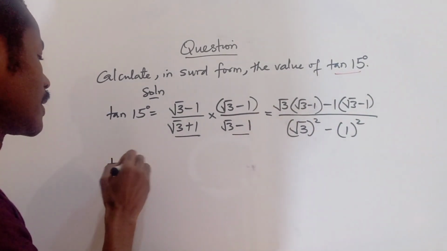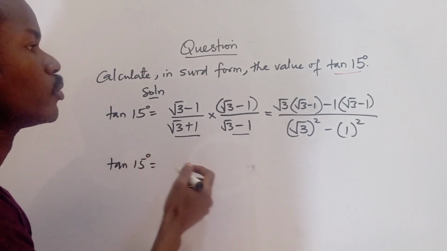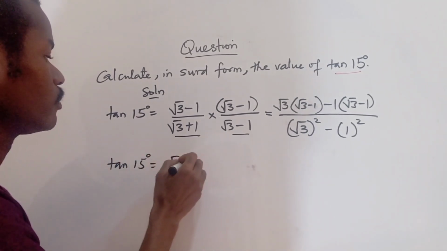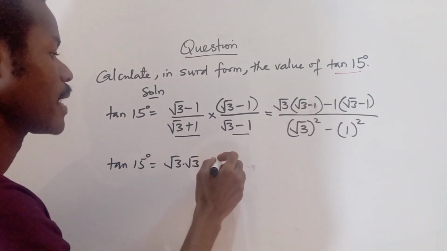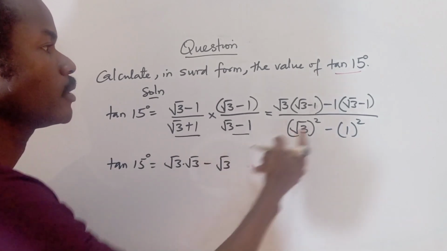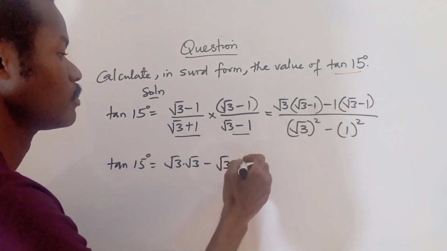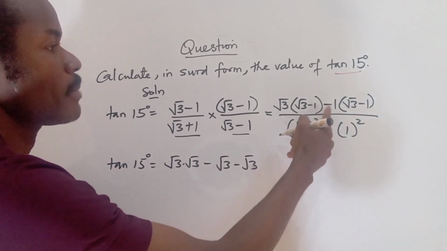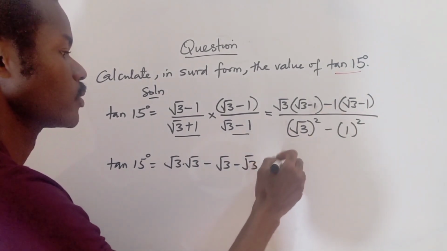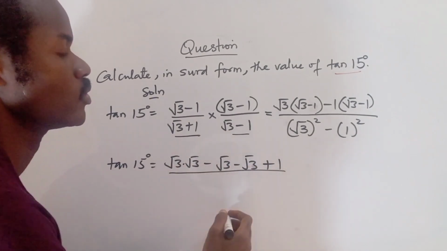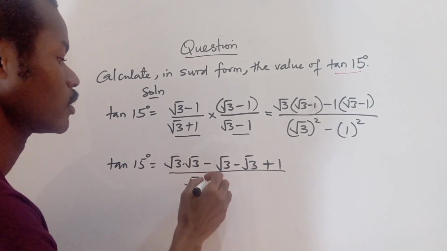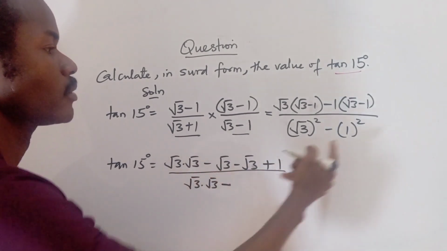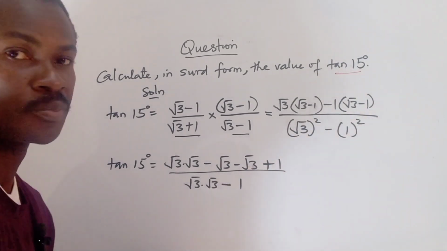So we have tan 15 degrees is going to be root 3 multiplied by root 3. Root 3 multiplied by minus 1 is minus root 3. Root 3 minus 1 multiplied by root 3 is minus root 3. Now minus 1 times minus 1 is plus 1. All this is going to be divided by the square of this, which simply means root 3 multiplied by root 3, and minus 1 squared is still 1.